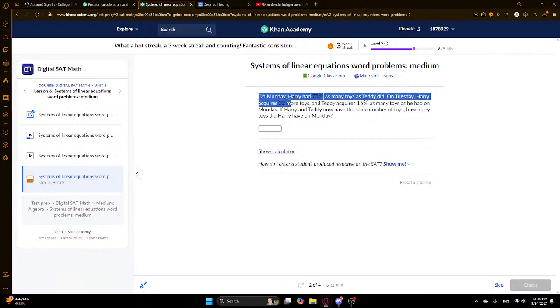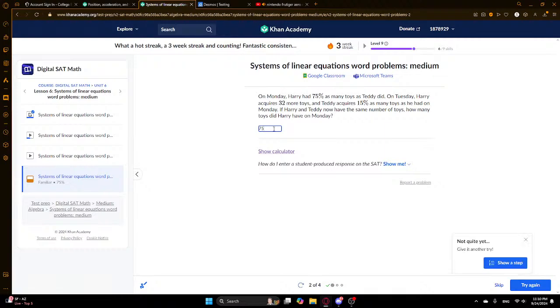Harry gets 2 more toys on Tuesday. 15% means. They're the same now. I don't know. There's no way you're supposed to know this.